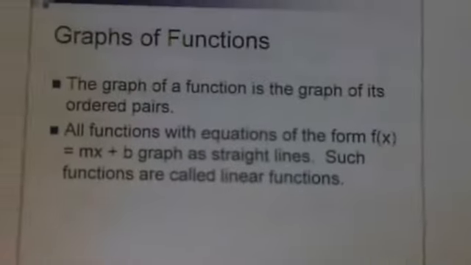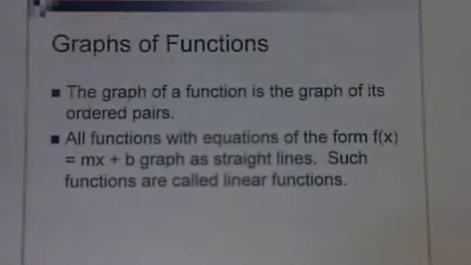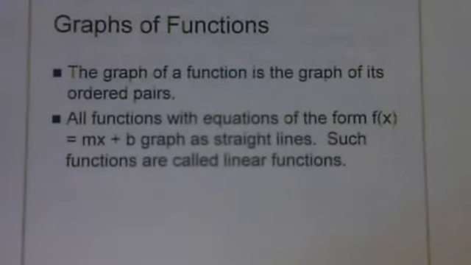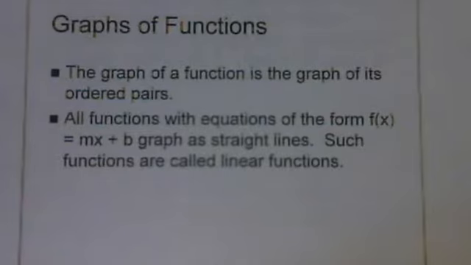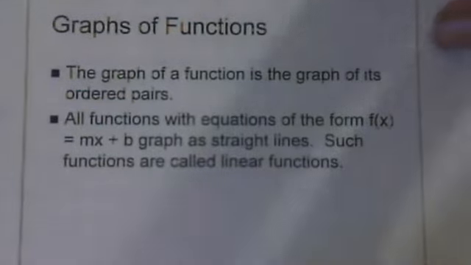All right, next we'll look at graphs of functions. The graph of a function is the graph of its ordered pairs. And all functions with equations of the form f of x is equal to mx plus b graph as straight lines. And such functions will be called linear functions.